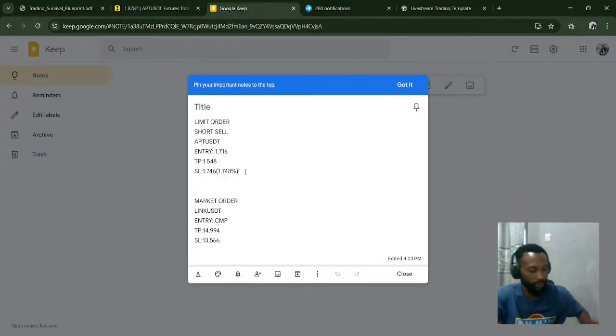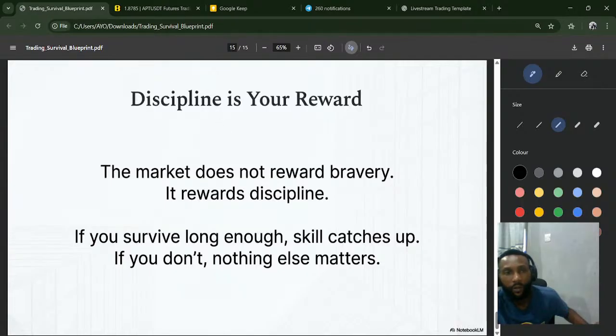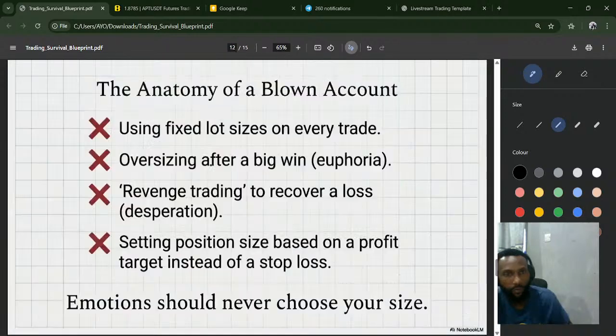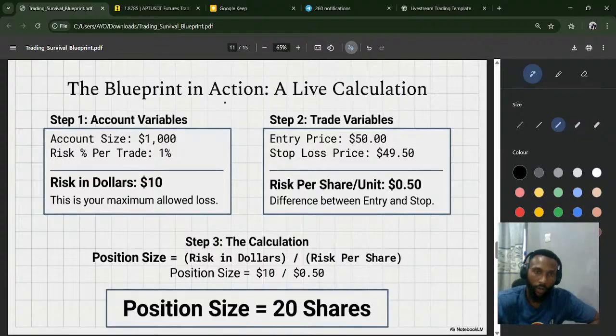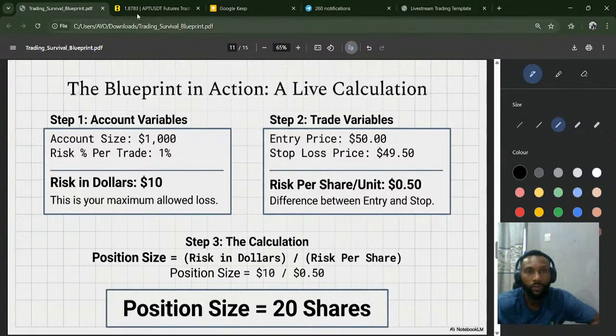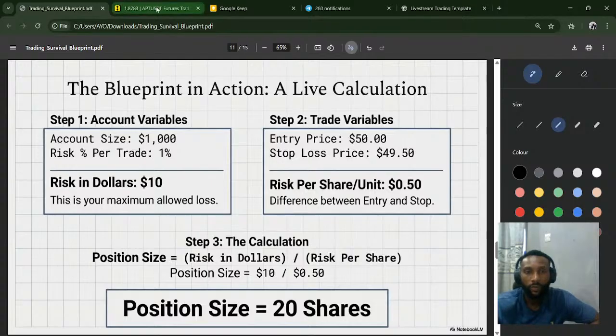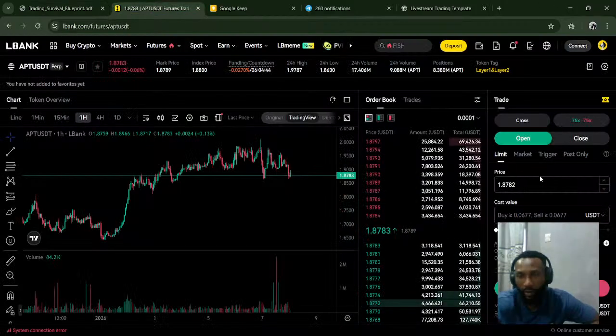So let's calculate the position size now. Let's do it together. From the formula, let me go back to the formula. What's my total account size here?